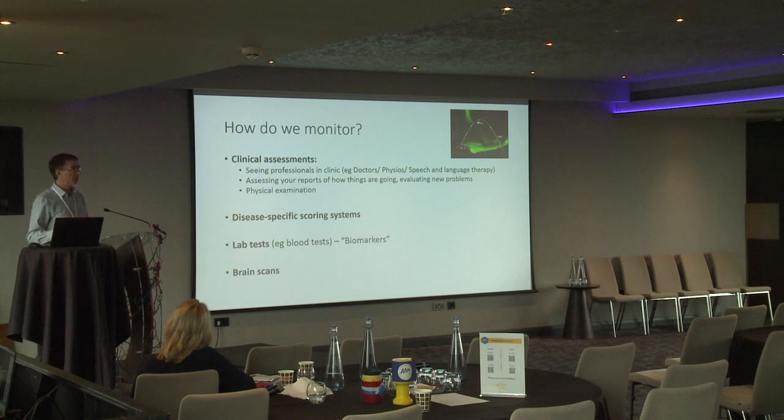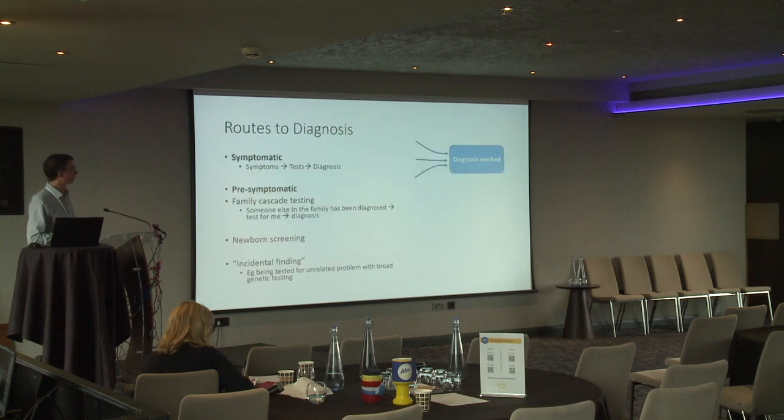For some of the conditions, there may be a very specific scoring system that's useful to remind us of the specific areas, the different issues that might be coming through. And there may be some useful laboratory tests. We've heard about some of the biomarkers that are useful to help monitor where the condition is going and how it's progressing, and part of that may include brain scans.